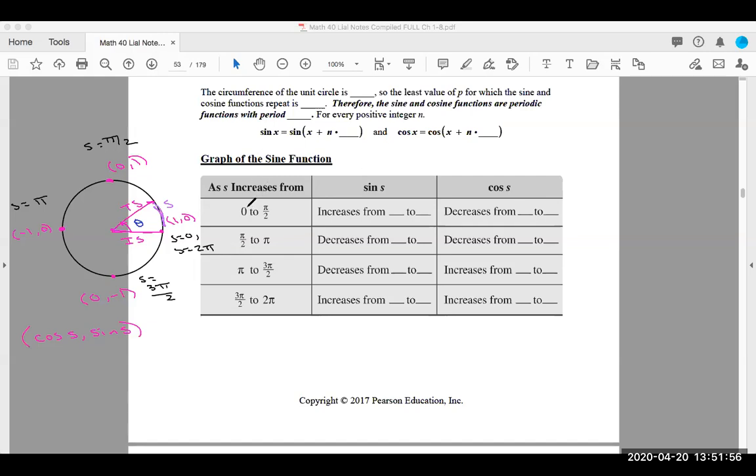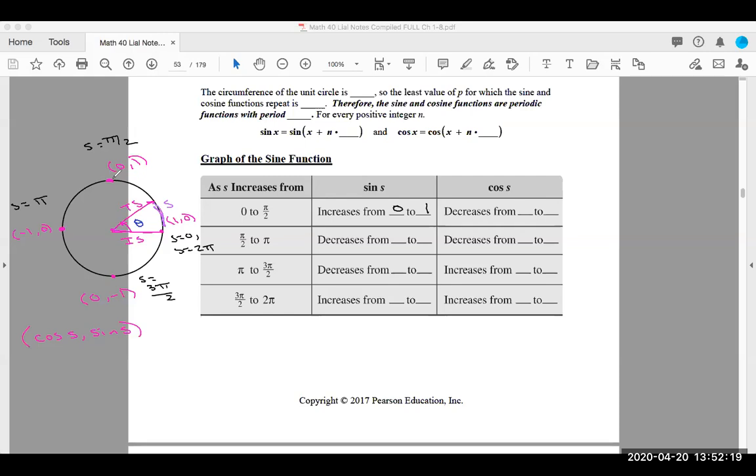All right, so as S increases from 0 to pi over 2, for the sine function, look at what happens to the second coordinate here, the y value. We see that we increase from 0 up to 1. Let's keep going with sine first.